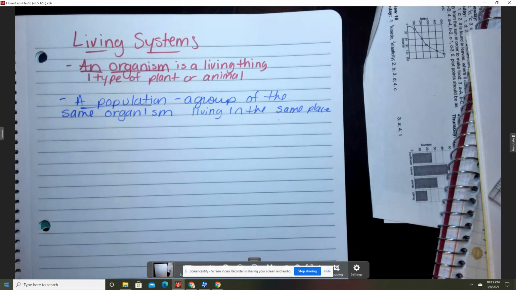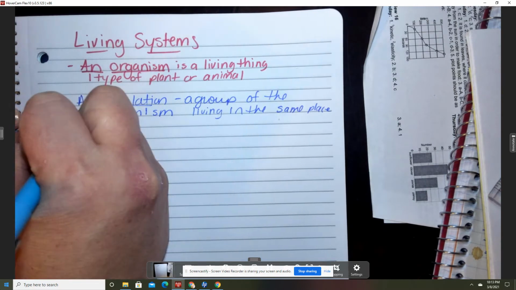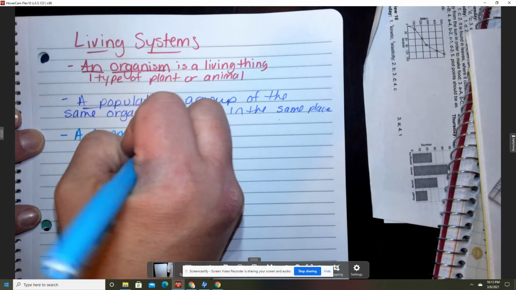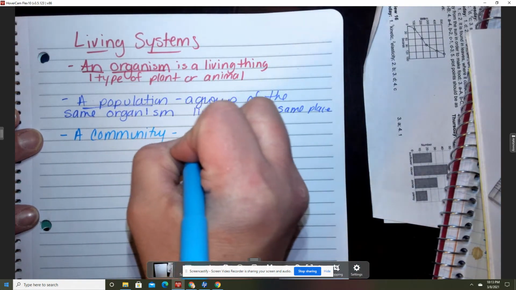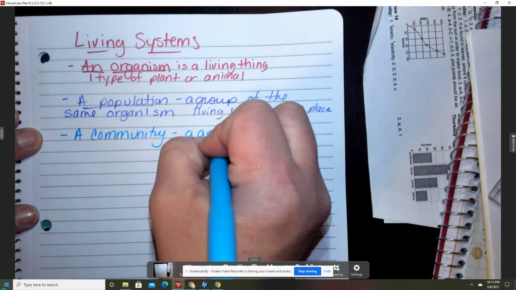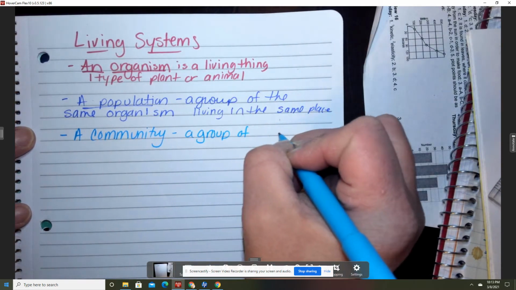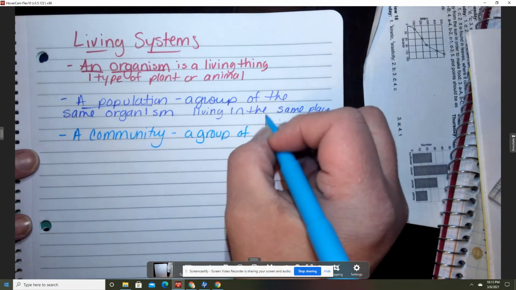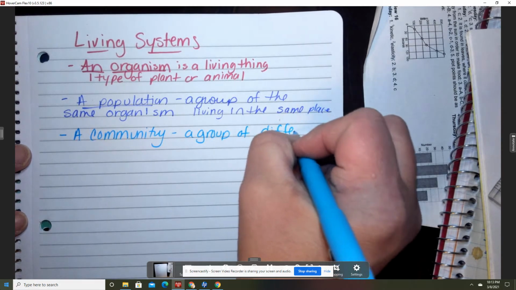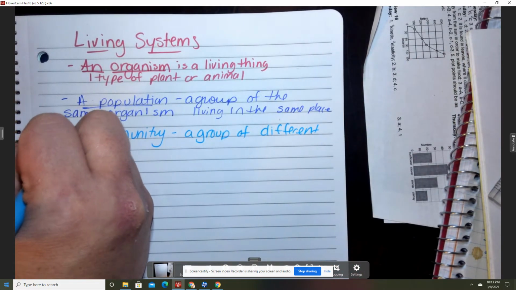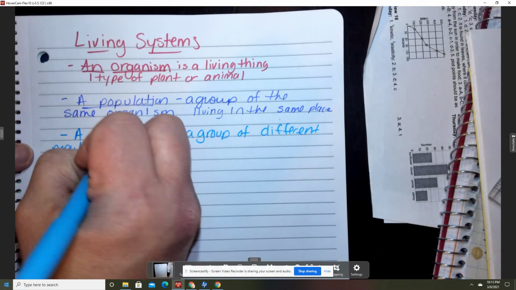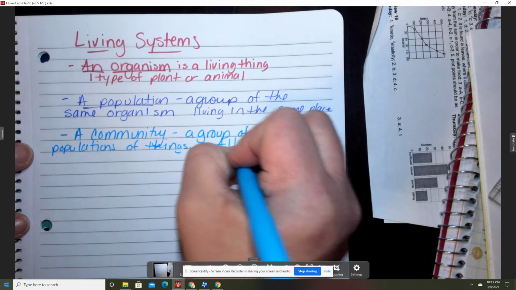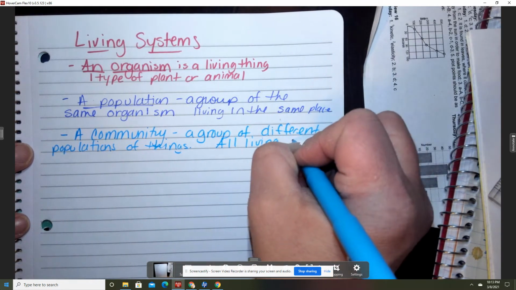Then you'll have a community. It's a group of different populations of things. So this is like all living creatures.